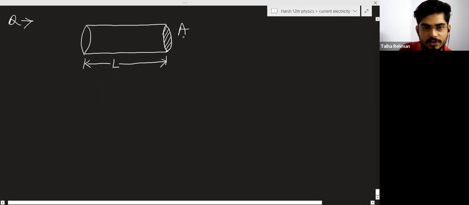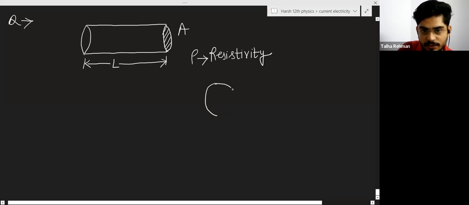A is the area of cross section and rho is the resistivity of this conductor. And when you see this area of cross section, it will look circular. This has a circular area of cross section.